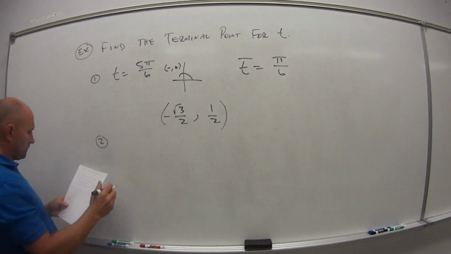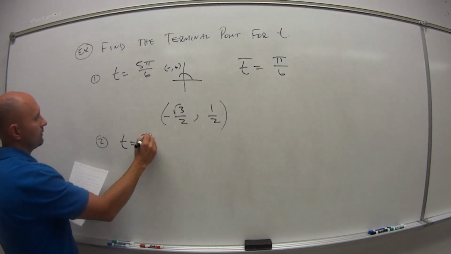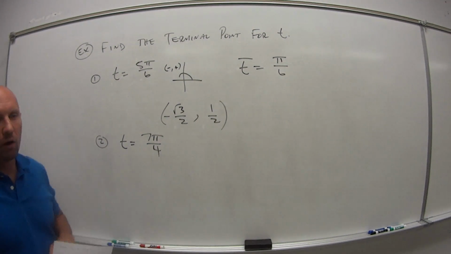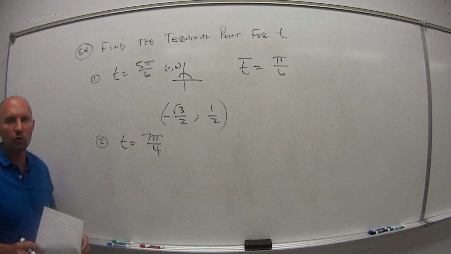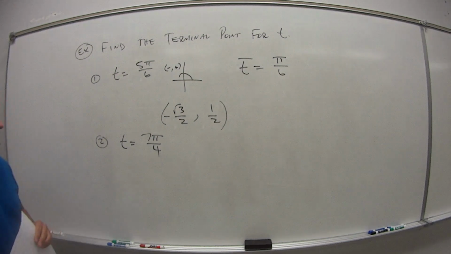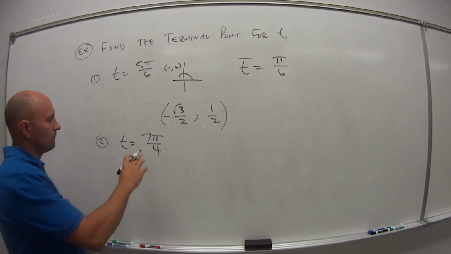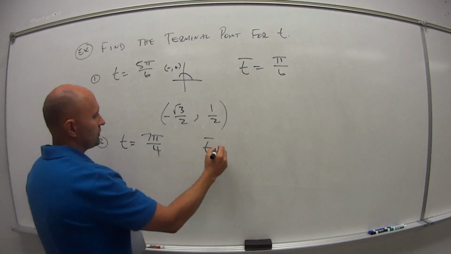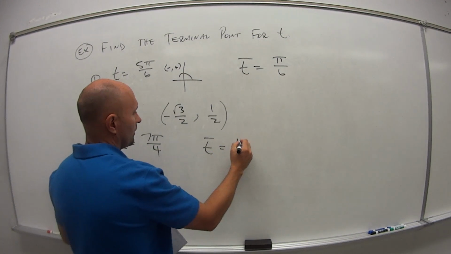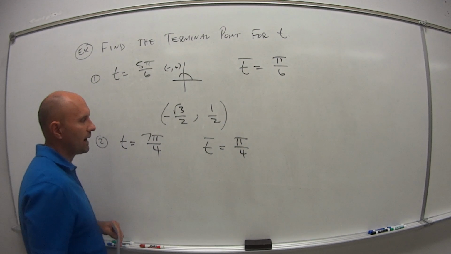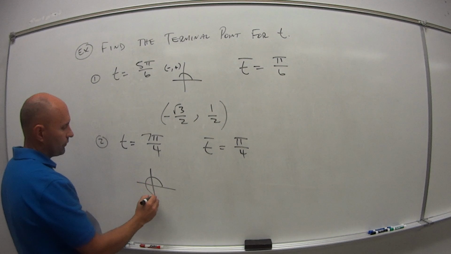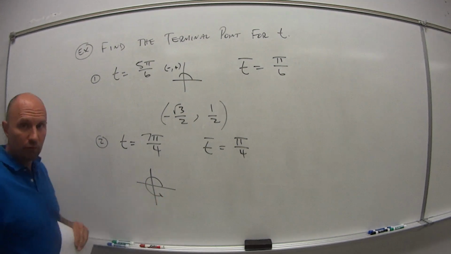So try this one. t is equal to 7 pi over 4. Go ahead and pause, give it a try, hit play once you're done. All right, so our reference number here, 7 pi over 4, we just figured this out a minute ago, the reference number is pi over 4. 7 pi over 4 puts us down in quadrant 4.